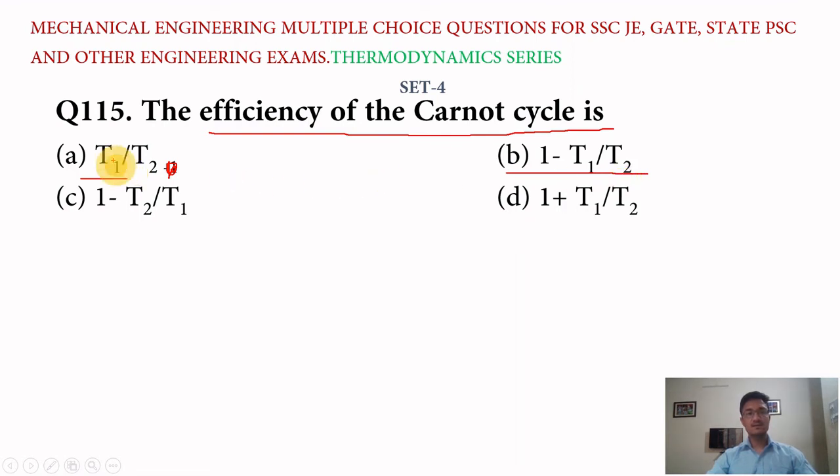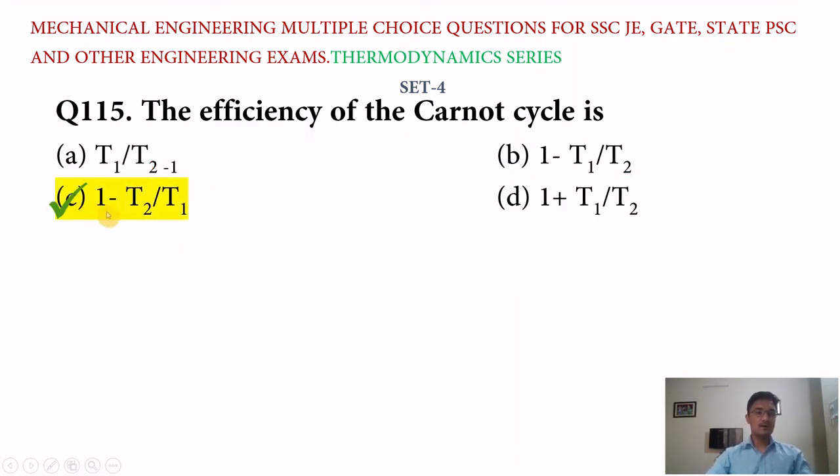This must be T2 divided by T1, and this is T1 divided by T2, and option C is 1 minus T2 divided by T1, and option D is 1 plus T1 divided by T2. So the answer is C, that is 1 minus temperature T2 divided by temperature T1.